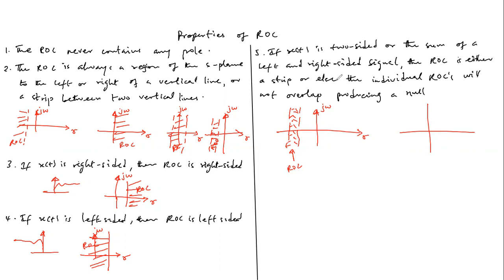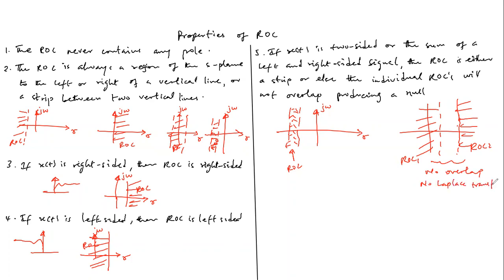Then the ROC is either a strip or else the individual ROCs may not have overlap. So let's assume we have something like this, and something like this. Say this is ROC1, this is ROC2. So there is no overlap. So in this case, no overlap, so no Laplace transform. Okay.